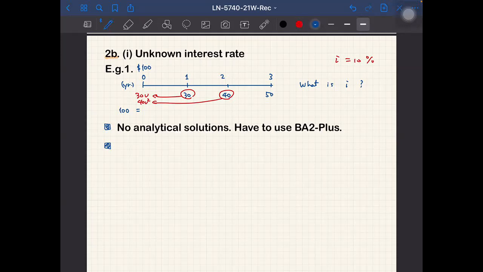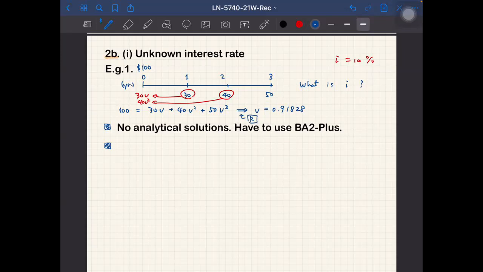So 100 is equal to 30v plus 40v squared plus 50v cubed. We have to solve this for v. If you use a computer, you can get v. Actually, v is equal to 0.91828. I use the R language, a computer language, to solve this.